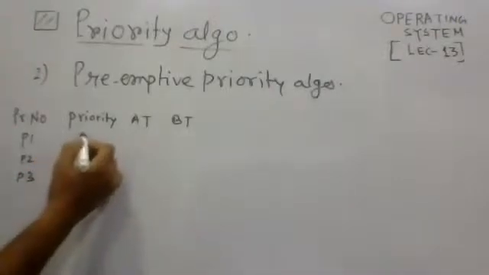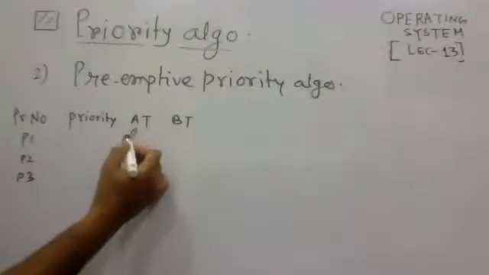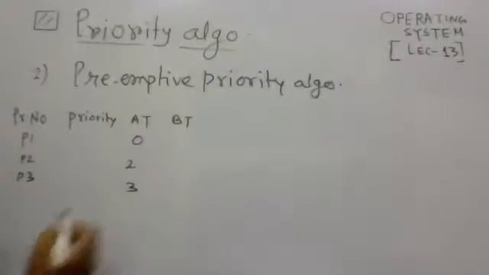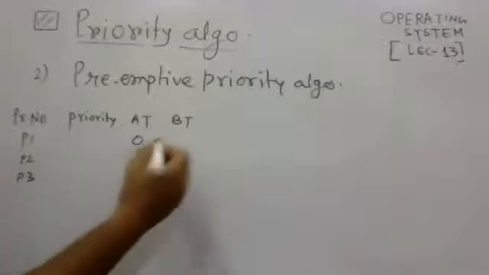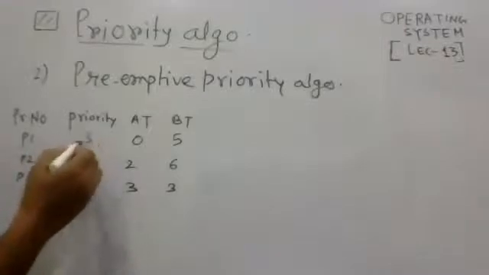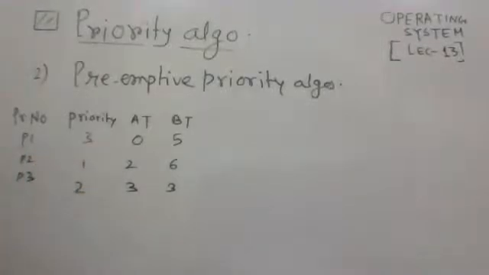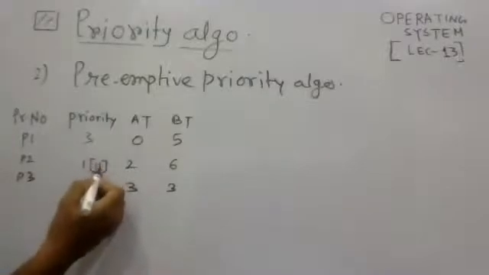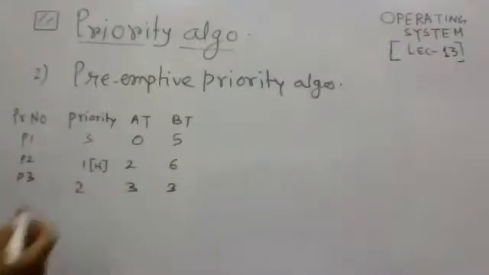Arrival time given 0, 2, 3. Burst time given 5, 6, 3. Priority given 3, 1, 2. Okay, and obviously the smallest number is considered the highest priority. So these are the given data.